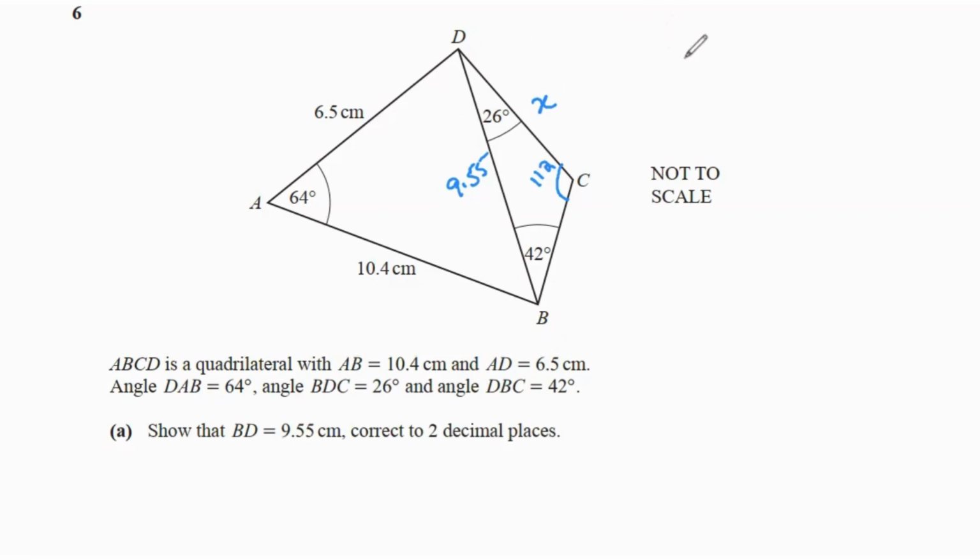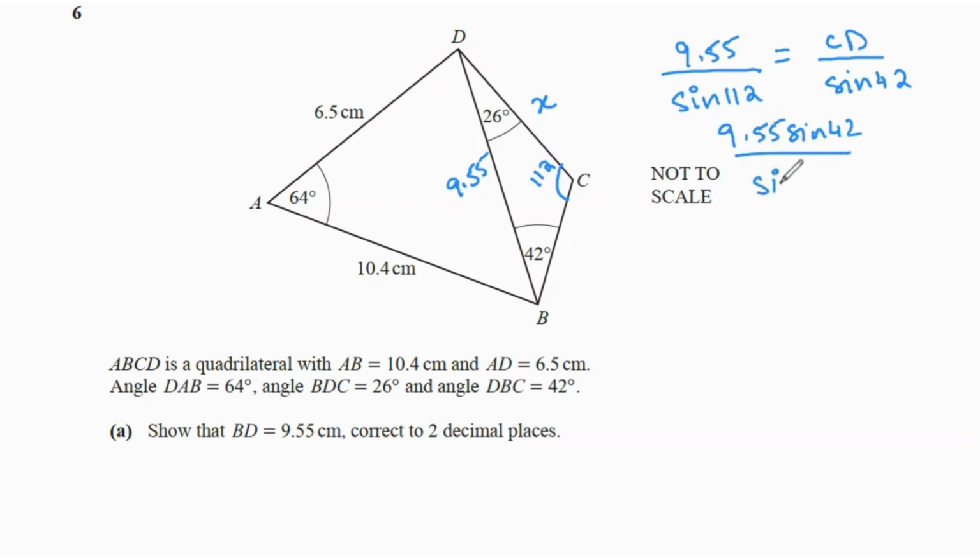So it's going to be 9.55 over sine of 112 equals CD, I'll write CD, over sine of 42. Cross multiply. So 9.55 times sine 42 over sine 112 equals CD. And that gives us 6.89 centimeters for CD.